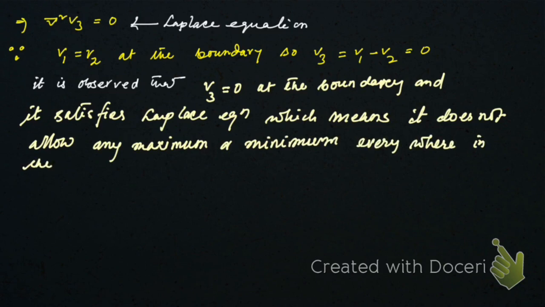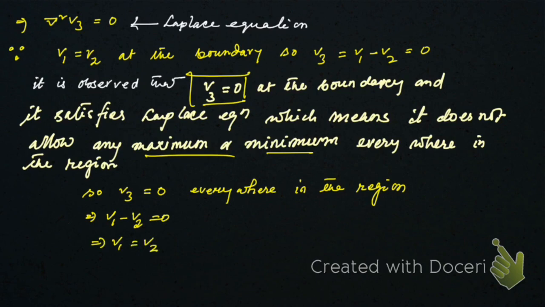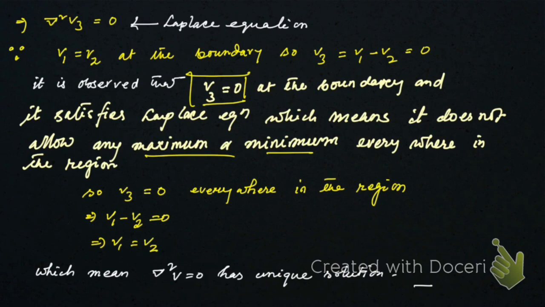Since it satisfies the Laplace equation and is 0 at the boundary, it must be 0 within the region as well. So V3 equal to V1 minus V2 should also be 0 within the region. So V1 is equal to V2, which means this Laplace equation must have one unique solution. That's how we can prove the uniqueness theorem.